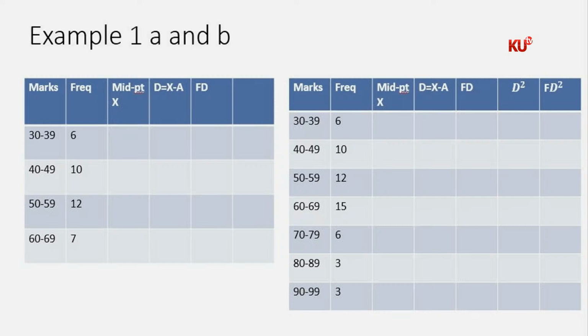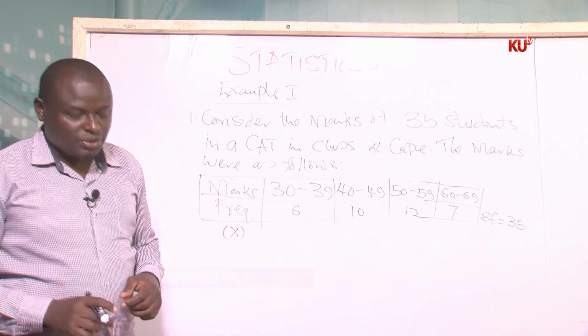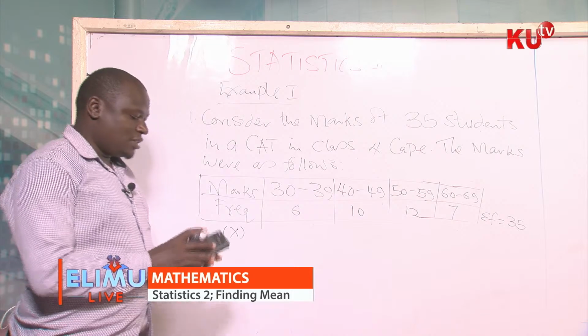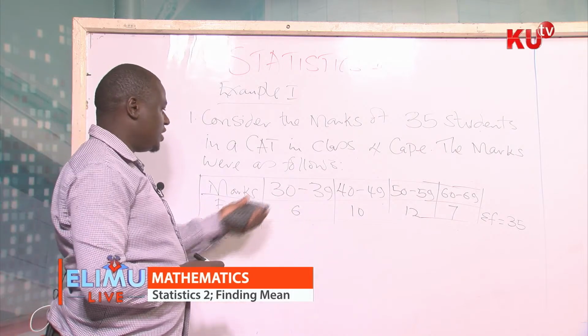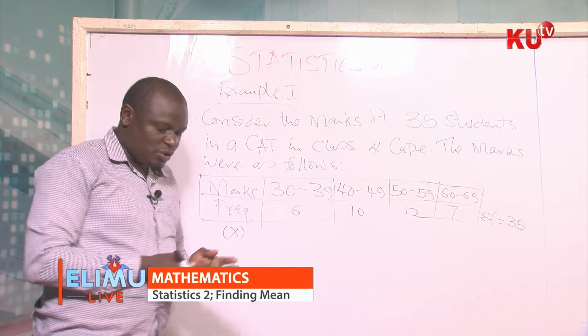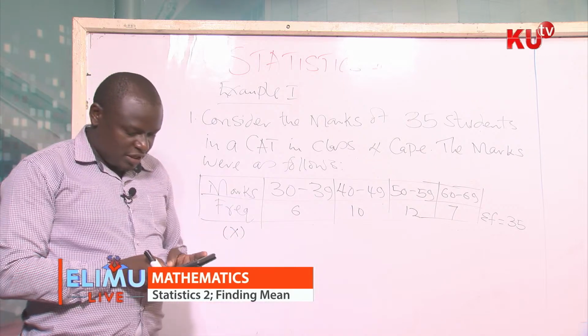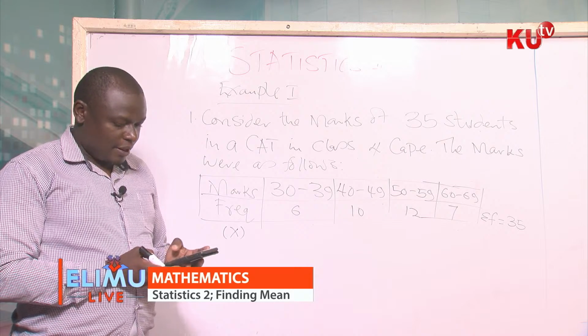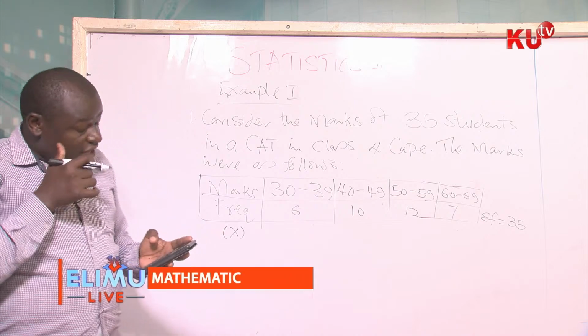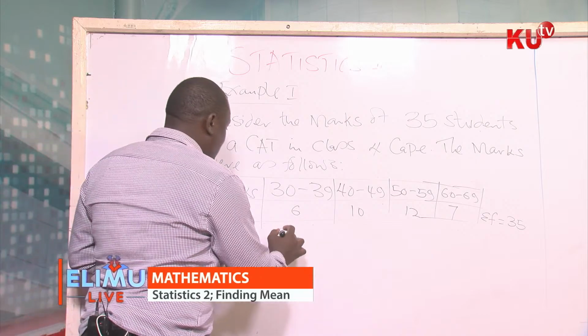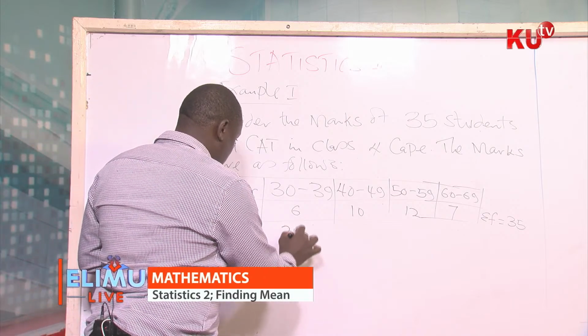How do we get this X? I think this is important to note. You are going to your table of marks where you have the range from 30 to 39. I want you to add those two values, 30 plus 39. You divide them by 2. The value you get there, 34.5, is your X or your midpoint.